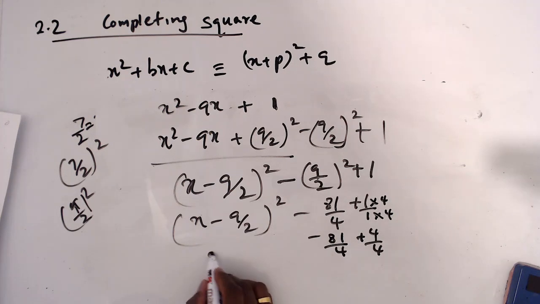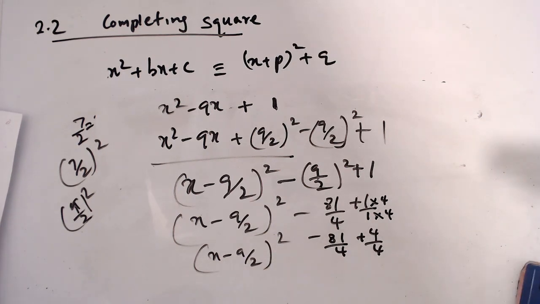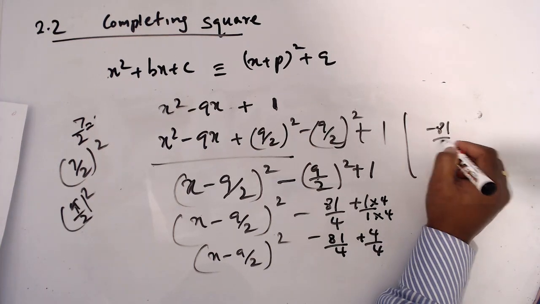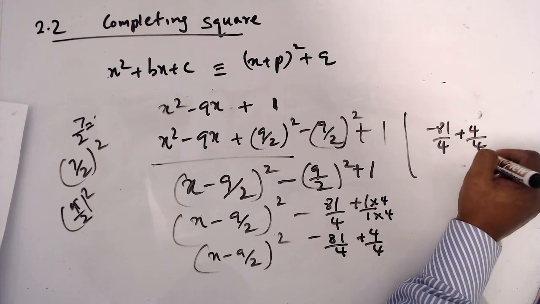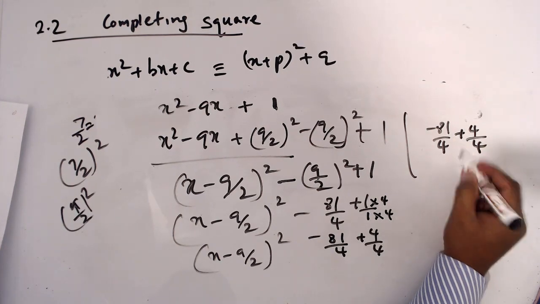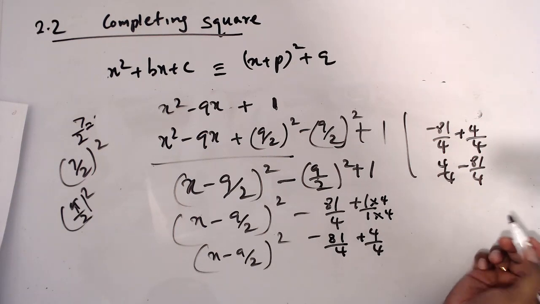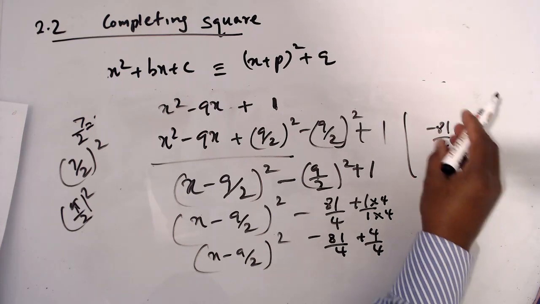So x minus 9 over 2 square minus 81 over 4 and plus 4 over 4. You can write 4 over 4 and minus 81 over 4. It's up to you, but I just change those two sums.